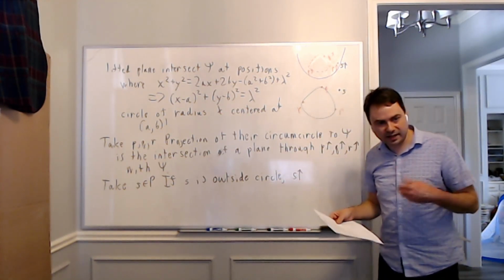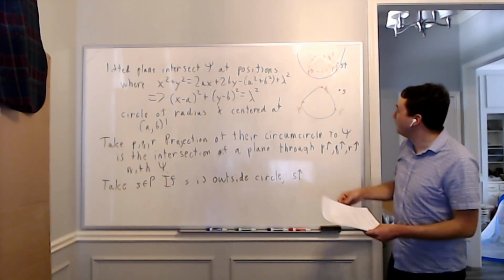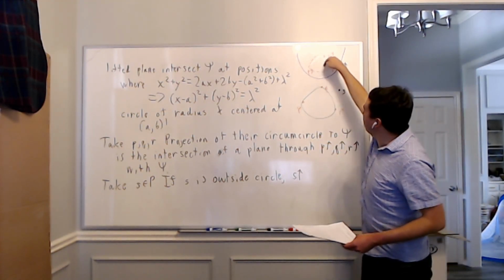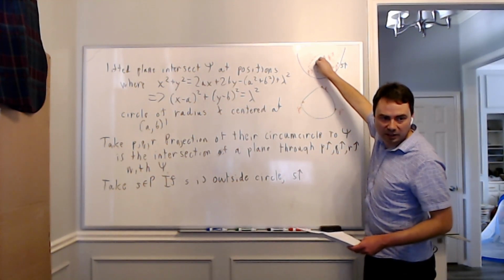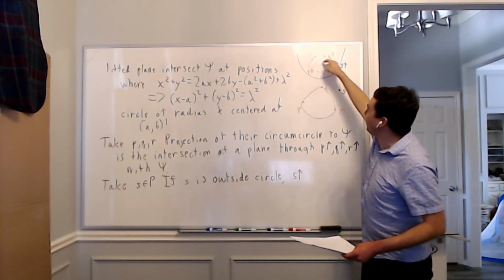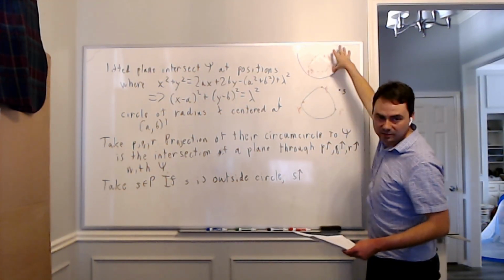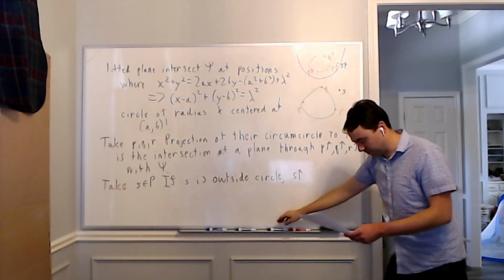And if S were to lie inside the circle, it would have to lie below that plane, because everything on the inside of this lifted circle is below the plane going through the circle, and everything on the outside of the lifted circle is above the plane through the circle.